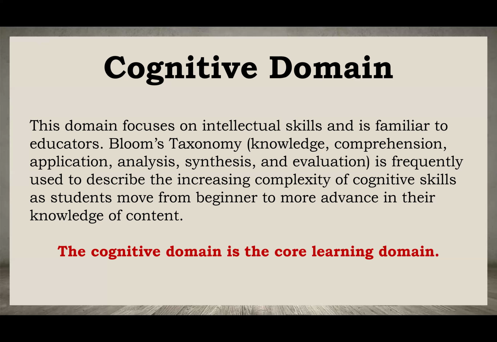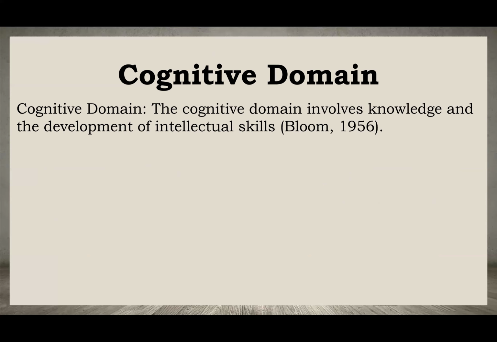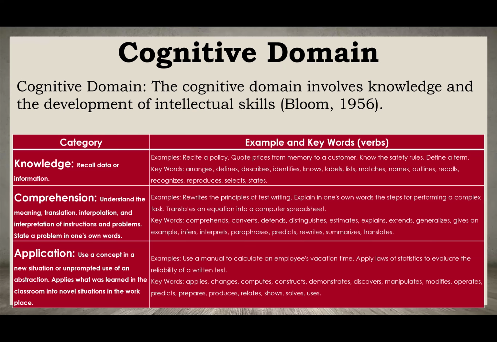The cognitive domain is the best known of the three domains of Bloom's taxonomy, and it focuses on the core learning. Even though it is very familiar to everybody, we will just look quickly at the categories.